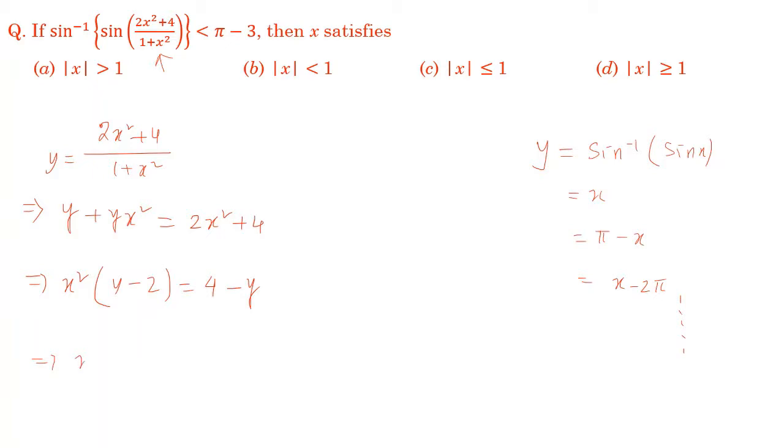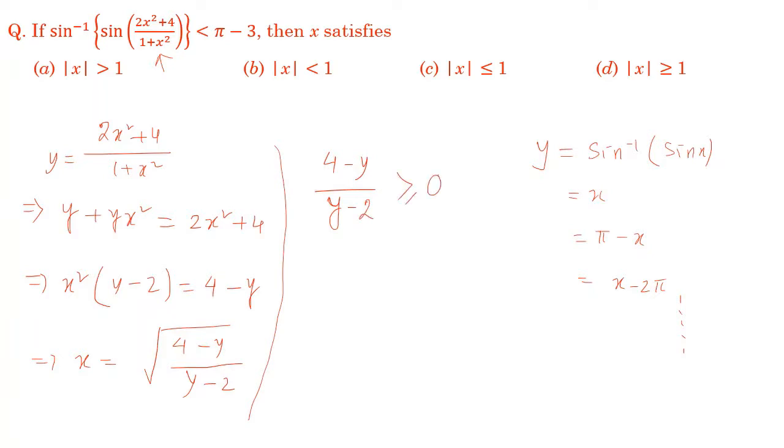Then x will be equal to, I am writing directly here, square root of 4 minus y divided by y minus 2, this one. And this expression or this equation is valid only when the term inside the radical sign, 4 minus y divided by y minus 2, should be greater or equal to 0 as well.